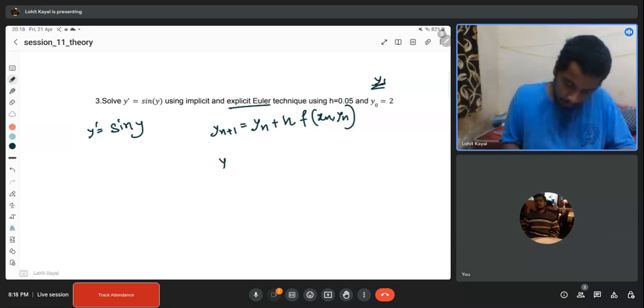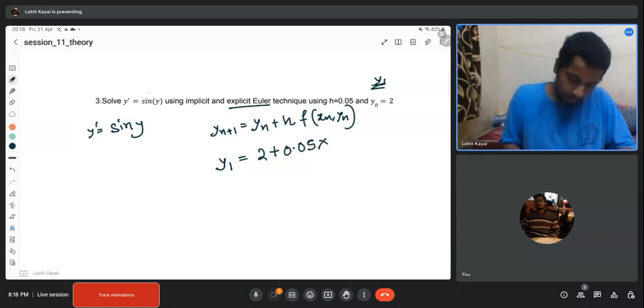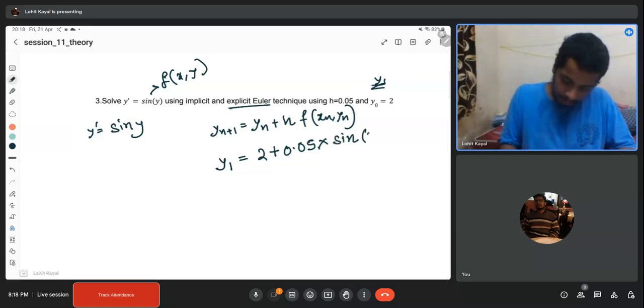Here h is 0.05, so y1 equals y0, which is 2, plus 0.05 times sine of y0, that is sine of 2.